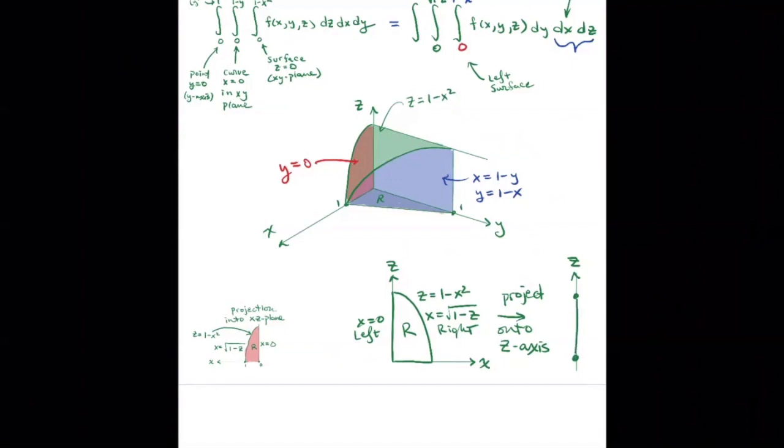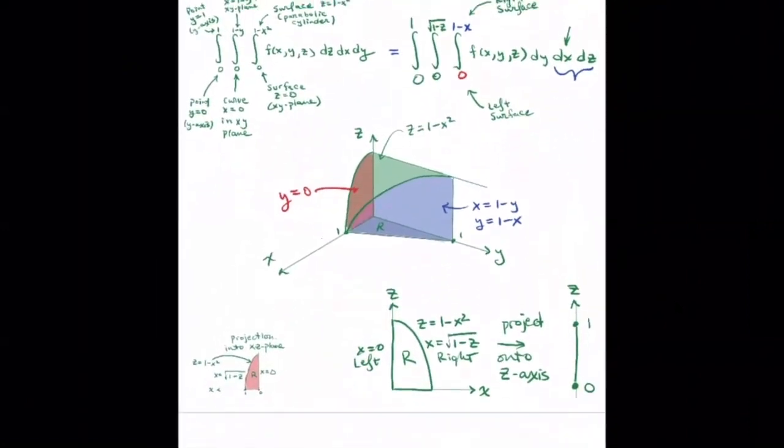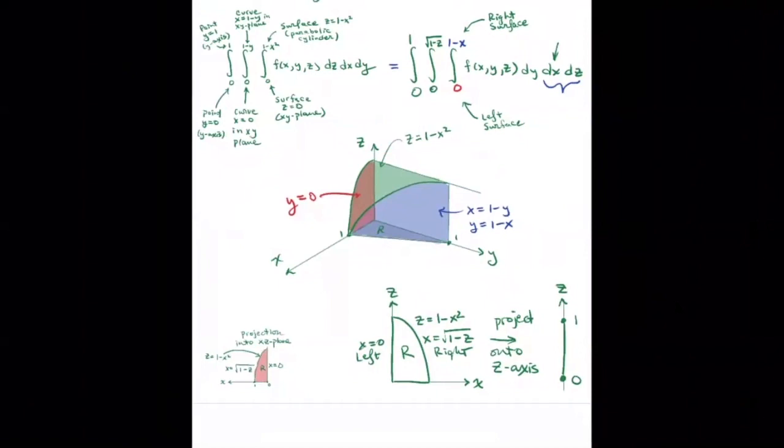Down at the bottom, z is clearly 0, and at the top, I think z is 1. So we'll have z go from 0 to 1. And that problem is done, but it's a tough, tough problem.